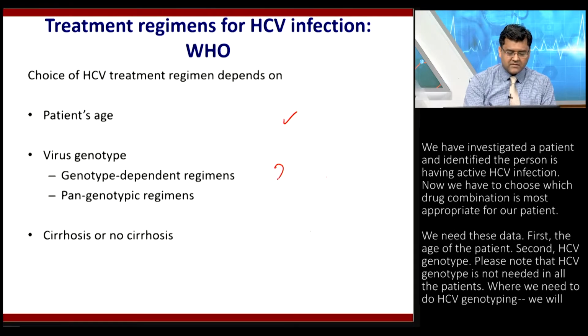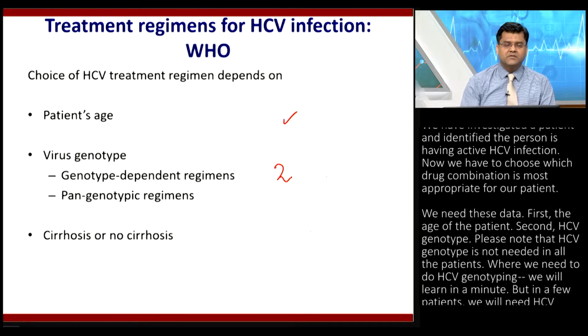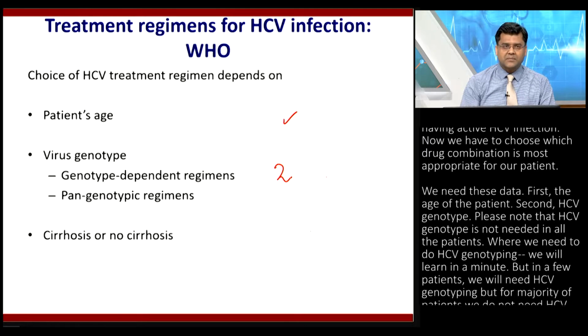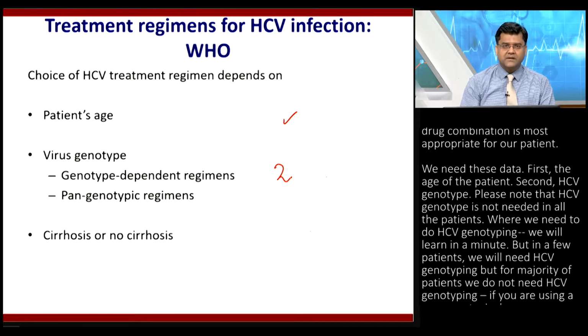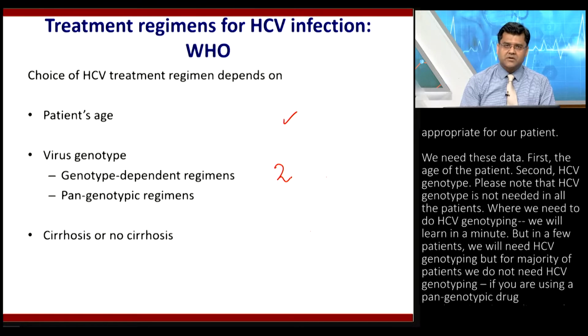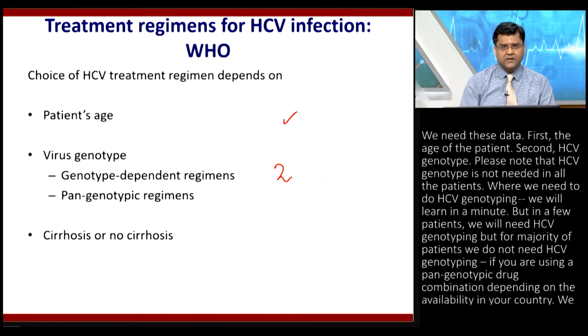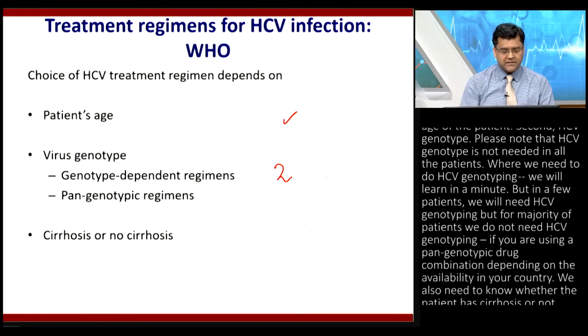Second, HCV genotype. Please mind, HCV genotype is not needed in all patients. Where we need to do HCV genotyping, we will learn in a minute. But in a few patients, we will need HCV genotyping. For the majority of patients, we don't need HCV genotyping if we are using a pan-genotypic drug, depending upon the availability in the country.